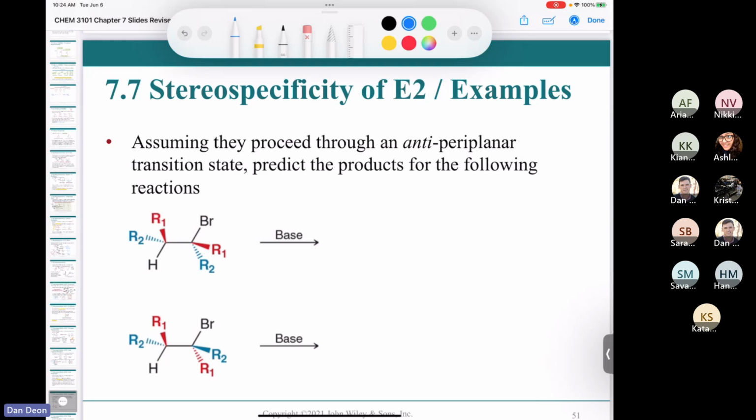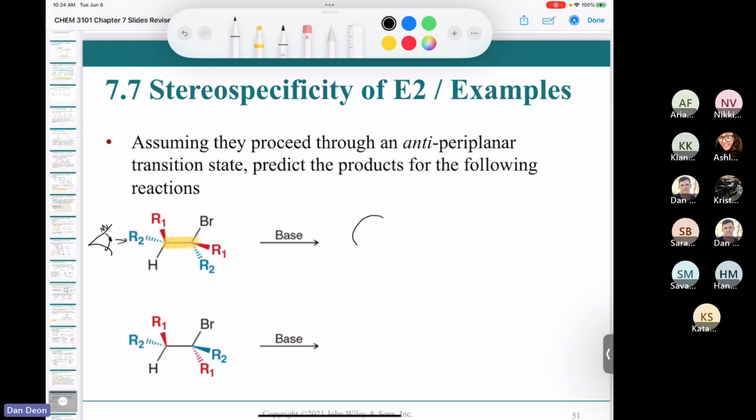Okay, so it says, assuming they proceed through an anti-periplanar transition state, predict the products of these reactions. So let's look here. You can see that our bromine, our leaving group, and our hydrogen that we're going to be removing are anti-coplanar. If you were to draw the Newman projection of this, this is how I would do it. I look down this bond, from here to here, and what do I see?